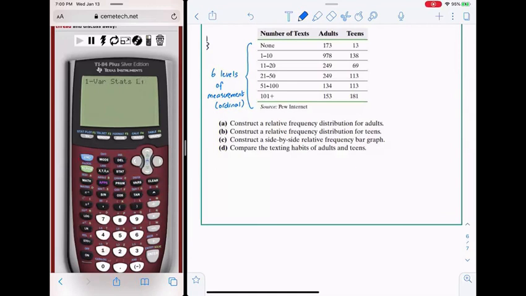If you have the newer version of the calculator, your screen might actually look slightly different. In the sense, the newer version would probably have list, freq, and paste or calculate, one of those. So in the list field, you would just enter list 1.